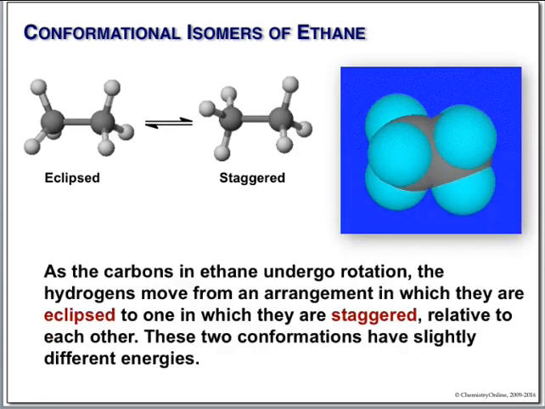If you think about the single bond between two carbons, we could arrange the hydrogens two ways. This way is called eclipsed, where they're all exactly lined up. And this is called staggered. Just like in a sawhorse, we have one up, one down, and the others off to the side.